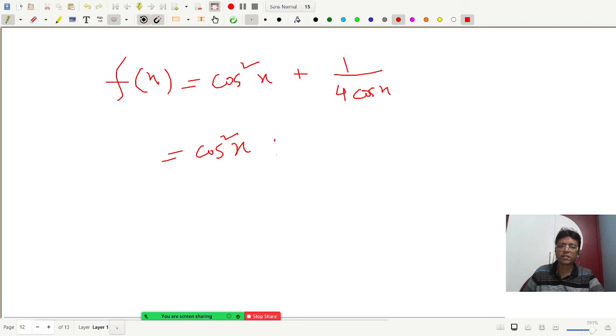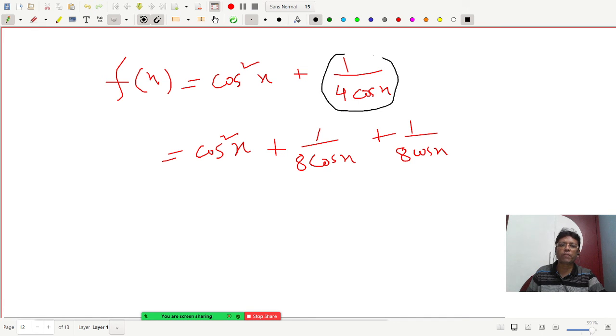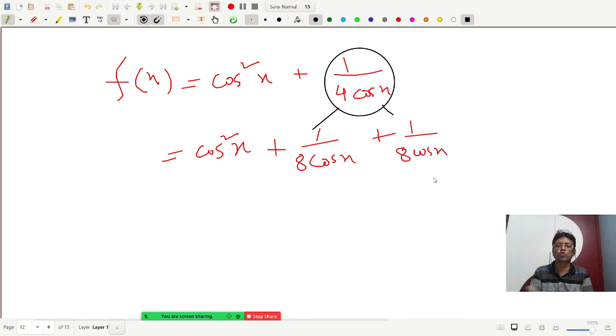So I am writing cos²x + 1 by 8 cos x + 1 by 8 cos x. So I am taking three numbers. Actually I am splitting 1 by 4 cos x into two parts, 1 by 8 cos x and 1 by 8 cos x. If you take the sum of these two, you will get 1 by 4. That's the technique.